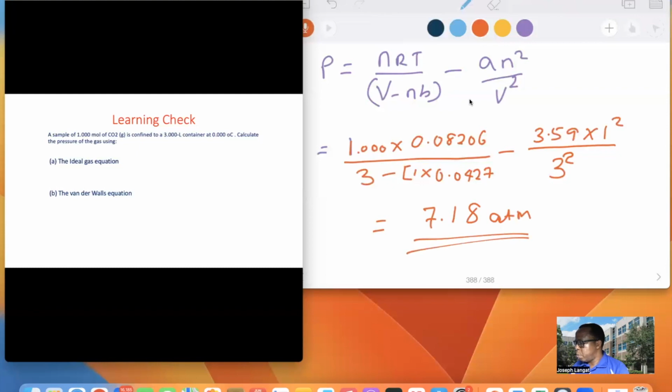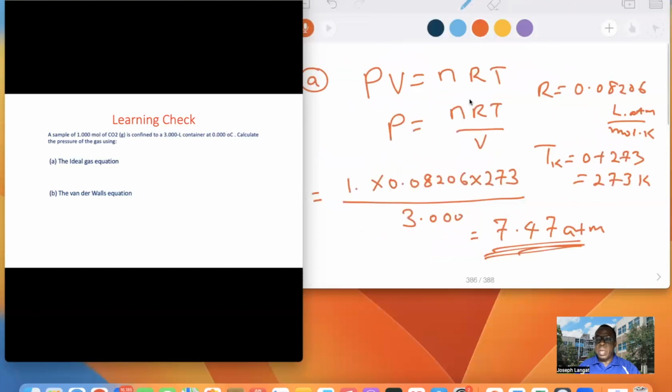Please express your final answer with the correct number of significant figures. So that's using the ideal gas equation to find the pressure, and using the Van der Waals equation. If you compare the two values, this 7.47 is because we don't take into account that real gas molecules occupy space.